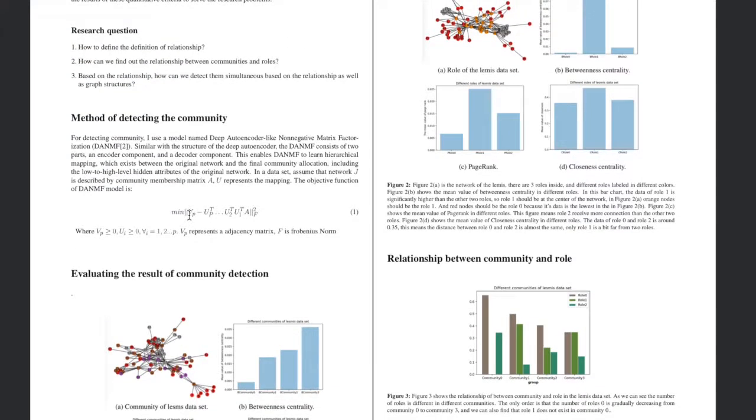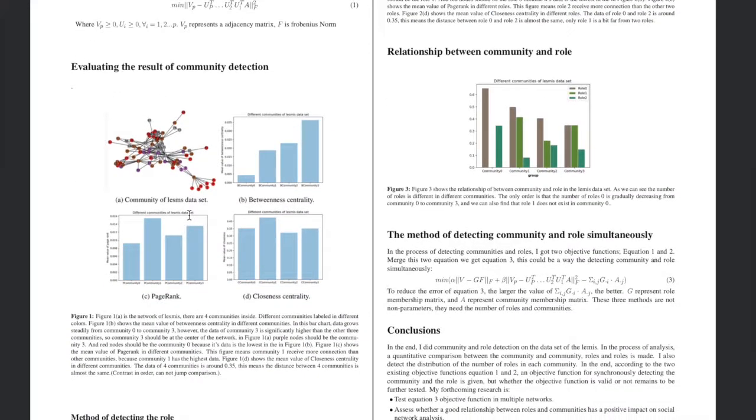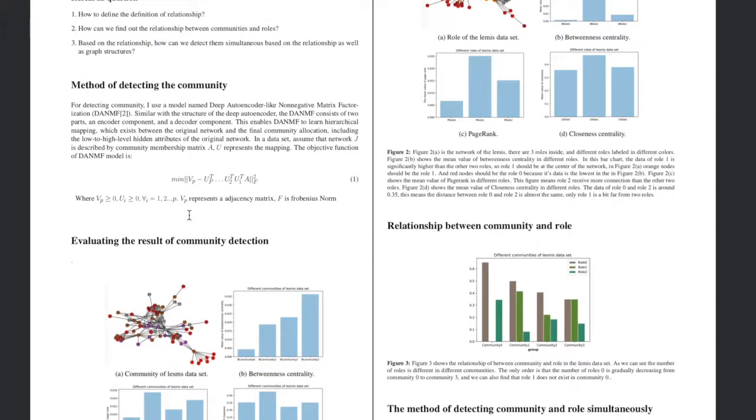Okay, now let's go deep into the method of detecting community and detecting roles. For detecting the community, I use DANMF. Its full name is Deep Autoencoder-like Non-Negative Matrix Factorization.